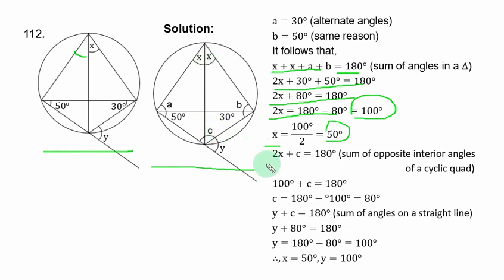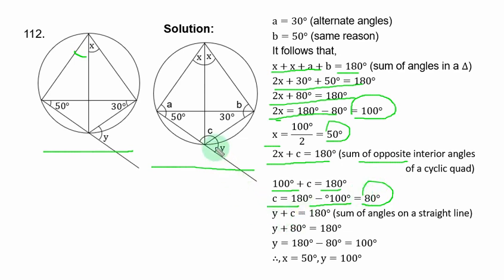The sum is equal to 180 as well. You have the other reason. 2S from here is equal to 100. 100 plus C is equal to 180 degrees. C becomes 180 degrees minus 100 degrees, and that is 80 degrees.